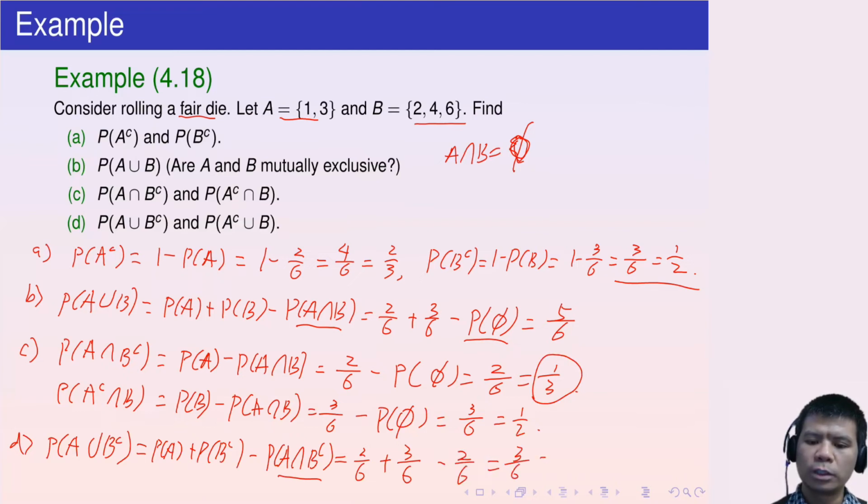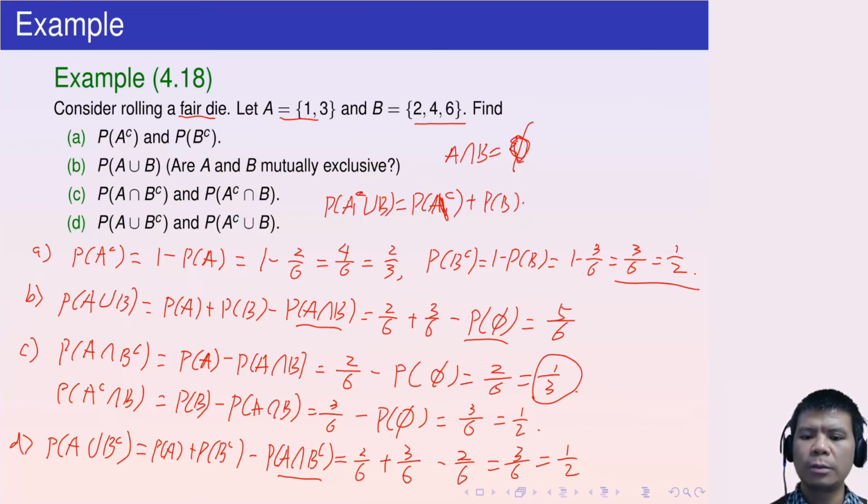Now finally, the probability of A complement union B is simply the probability of A complement plus the probability of B minus the probability of A complement intersect B, so A complement is 4/6 minus this one, which is 1/2, or 3/6, so it's 1/6.